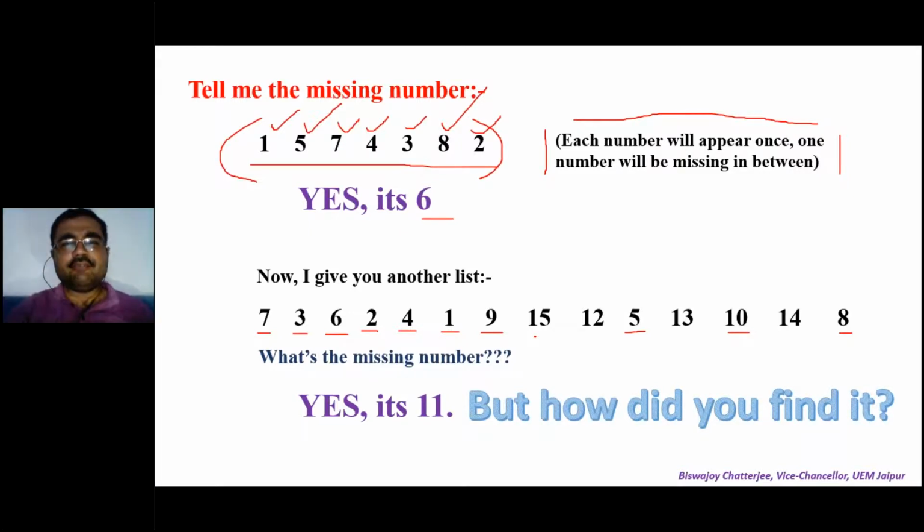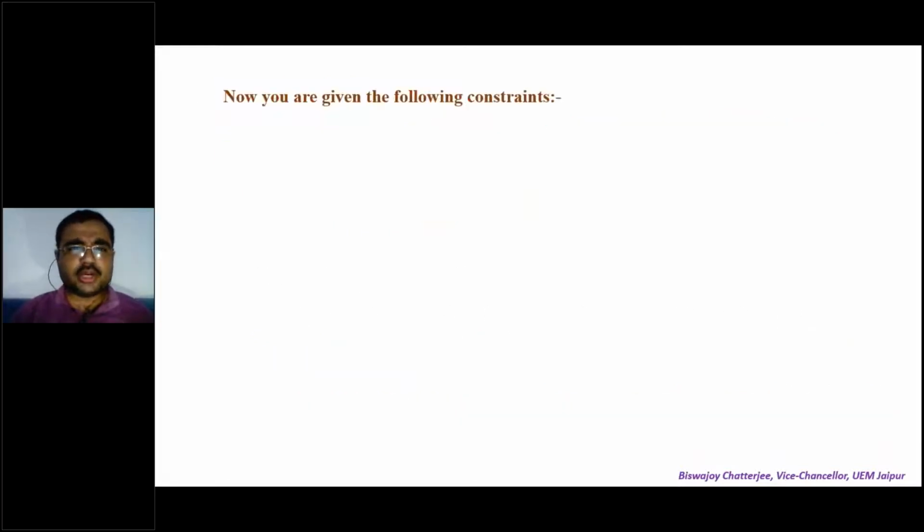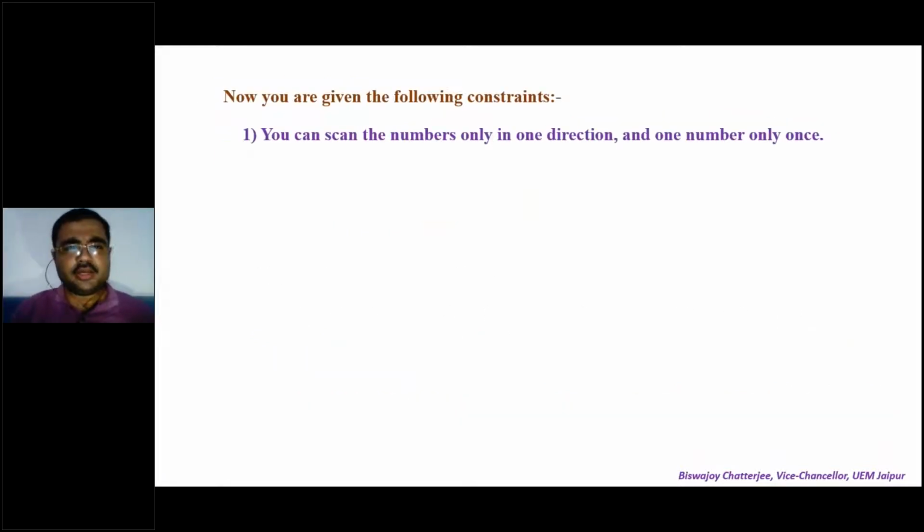Now, if I give you certain constraints, say I give you this constraint that you can scan the numbers only in one direction and one number only once, that is only one unidirectional scan. If you remember, I was saying that you are scanning the list many a times.